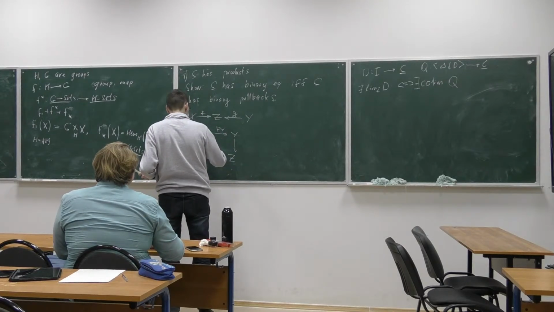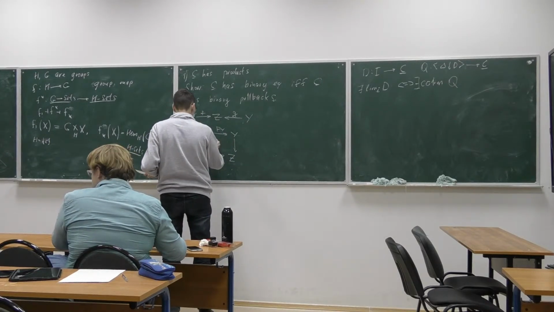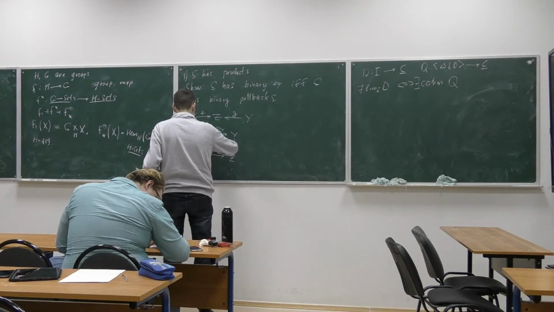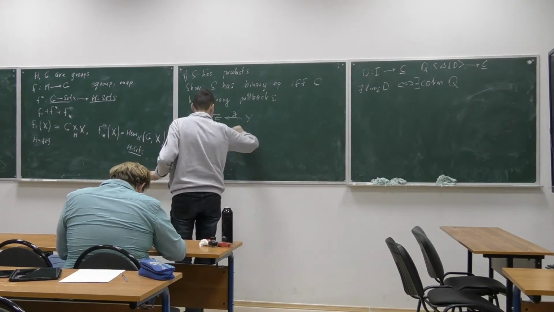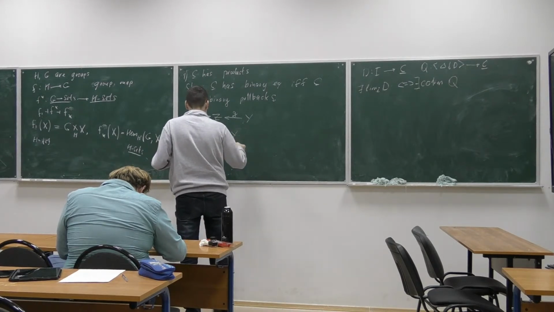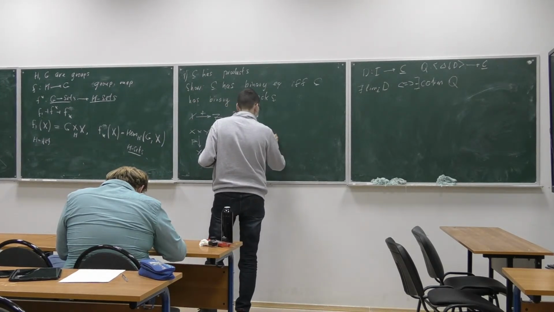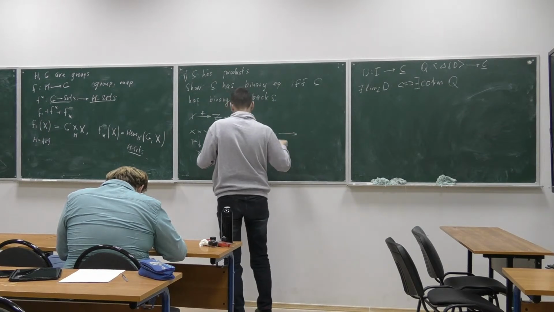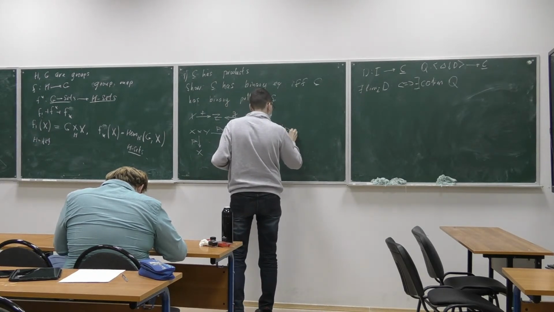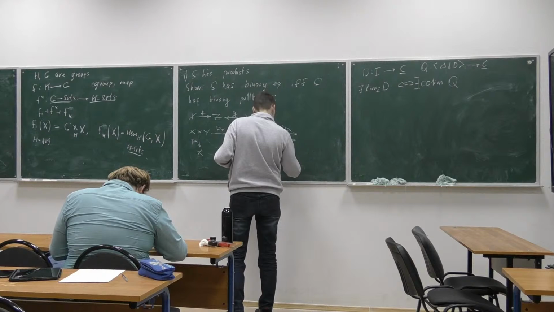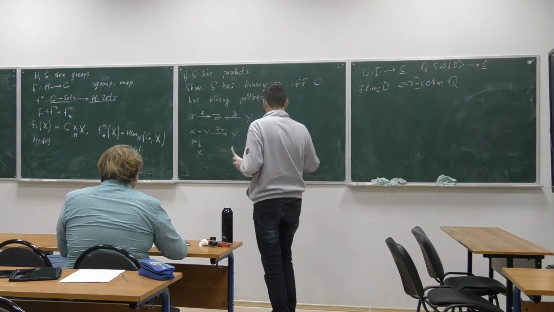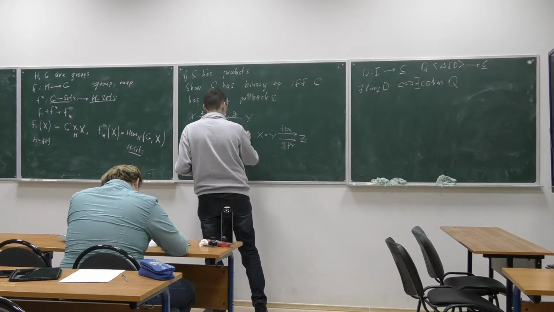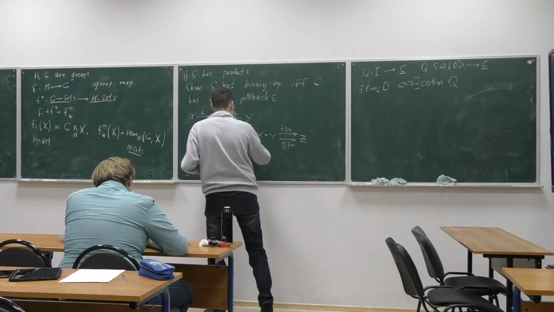And I can consider two maps. One map is to X, and another map is to Z. Then let's consider equalizer T.